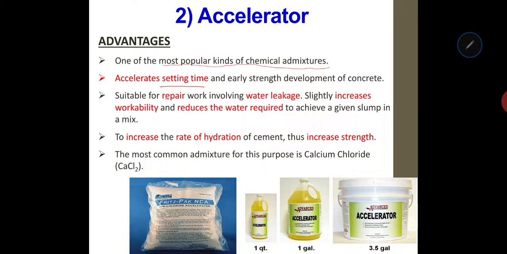This is for repair works involving water leakage, slightly increases workability and reduces the water required to achieve a given slump in a mix. So what an accelerator actually does is increase the rate of hydration of cement, thus increasing strength. And the most common admixture for this purpose is calcium chloride or CaCl2.